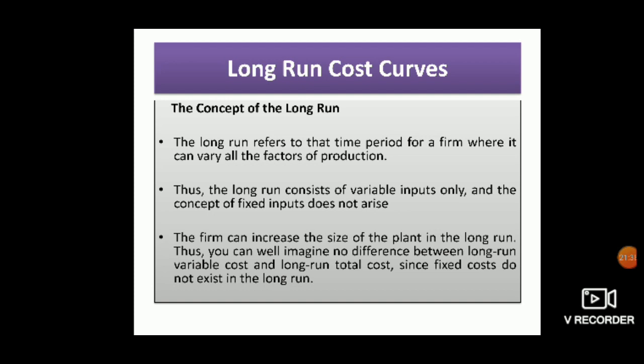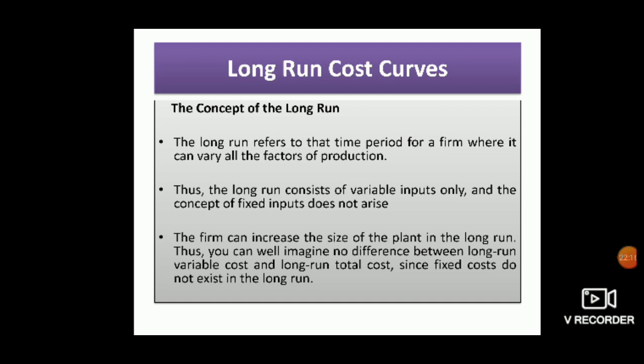If the demand for the products of a firm increases, the firm can expand its existing production capacity and establish a new plant also. If the demand decreases, the firm can curtail its existing production capacity and divert it to the production of other commodities also. Since all the factors of production are variable during the period, all the costs are also variable during this period.